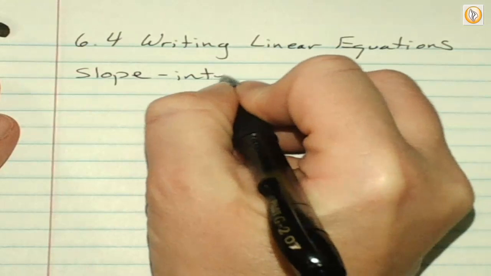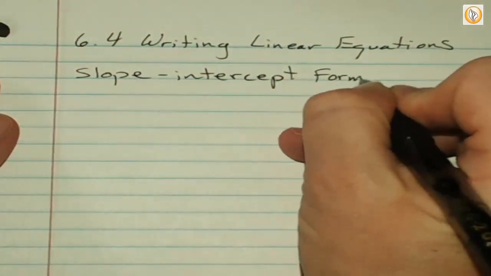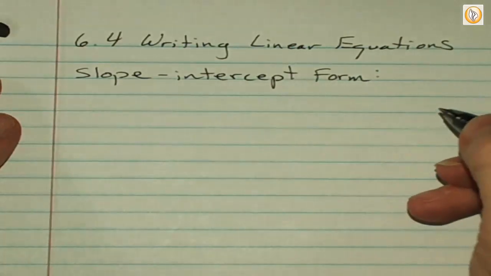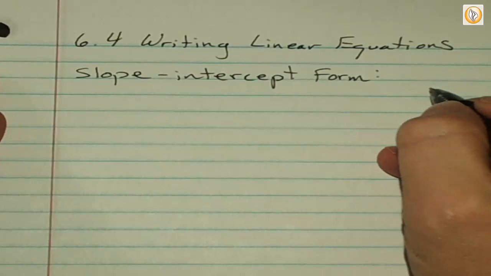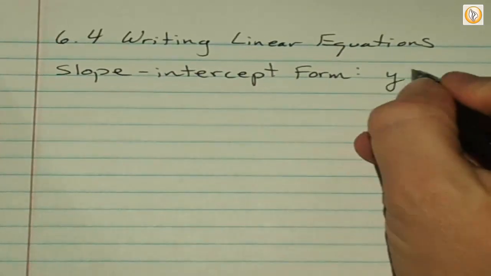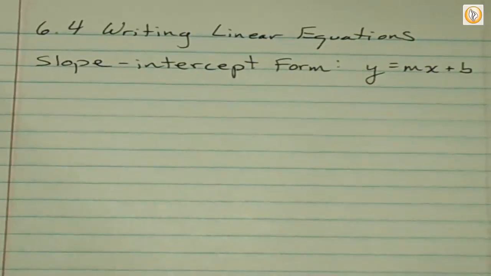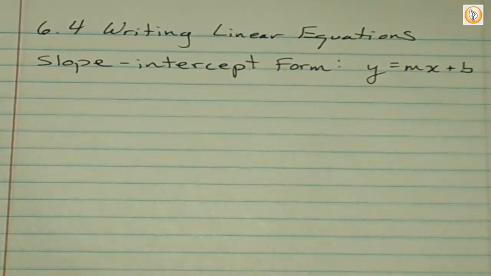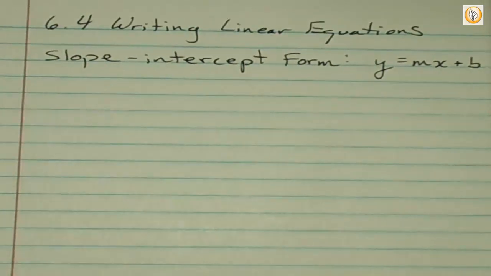Slope-intercept form. This is kind of a review. Does anyone remember what the slope-intercept form is? Slope-intercept form is y equals mx plus b.